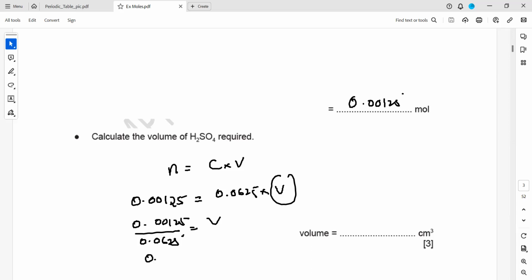Okay. So we have 0.02 dm cube. But in the question, the final answer is in cm cube. So we have to convert the dm cube into cm cube. To convert, we multiply by 1000. So what will be our final answer? The final answer will be 20.